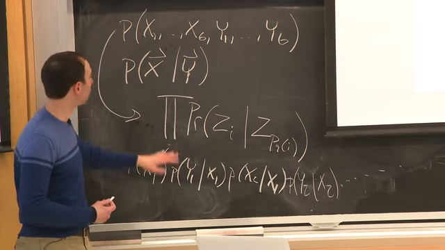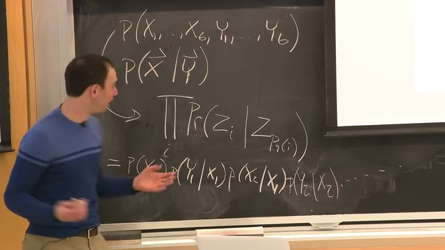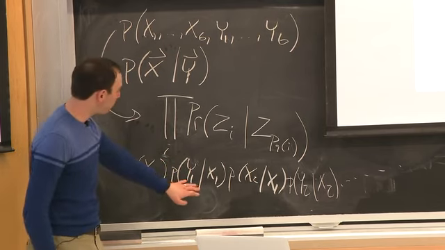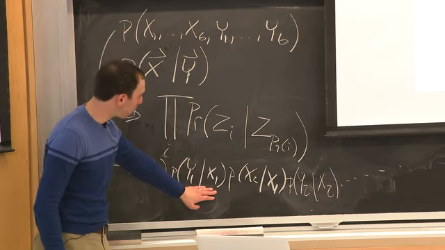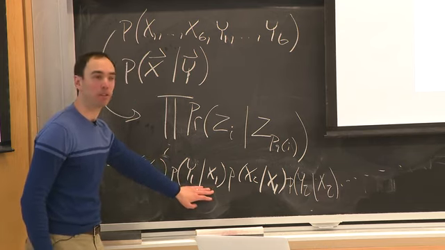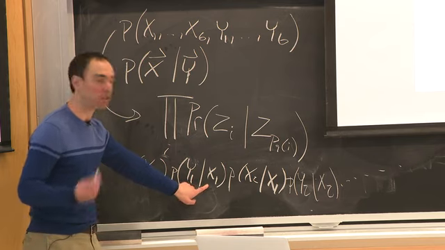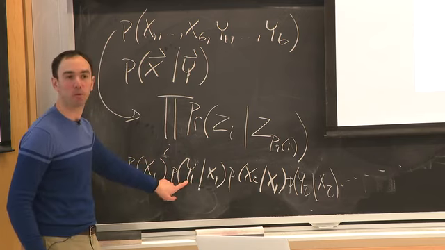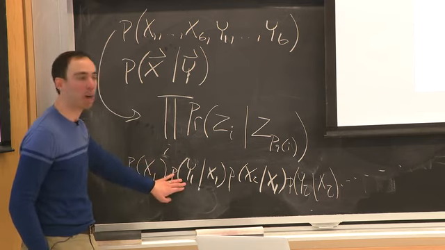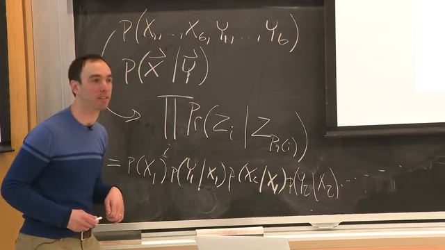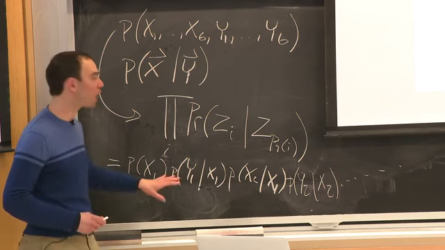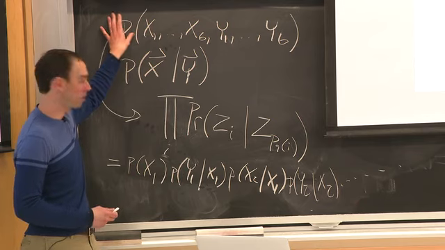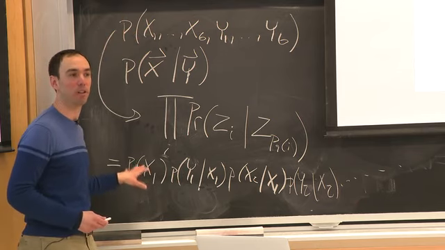For example, if each of the random variables were binary, then to describe probability of y1 given x1, we only need two numbers. For each value of x1, either 0 or 1, we give the probability of y1 equals 1. And then, of course, probability of y1 equals 0 is just 1 minus that. Right? So we can describe that very complicated joint distribution by a number of much smaller distributions.